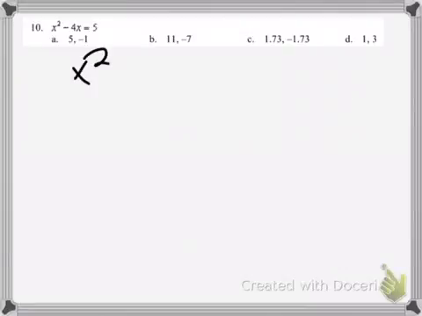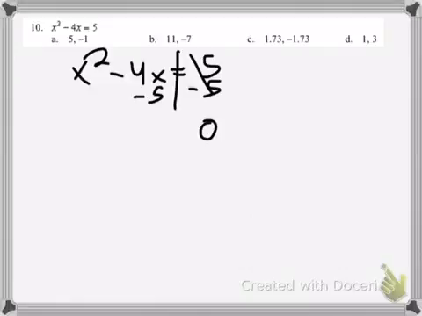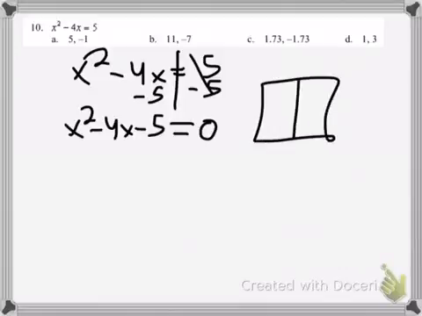Alright, right here on this one, first step, we got to move the 5 over to get our 0 on one side. And then we could solve by mode 5-3. We could solve by factoring. Factoring would be quick.